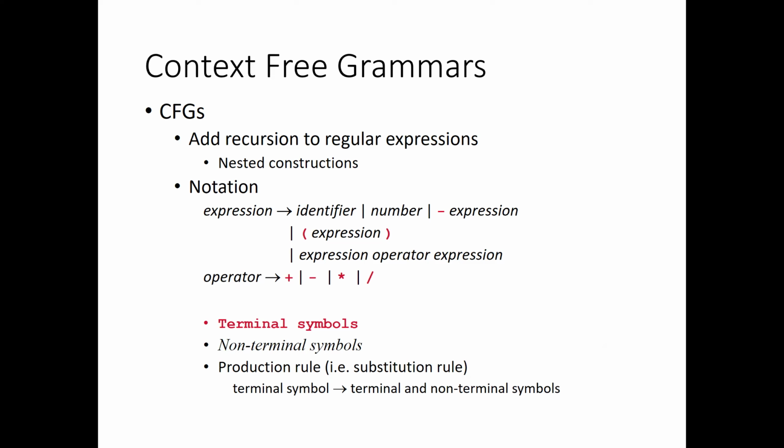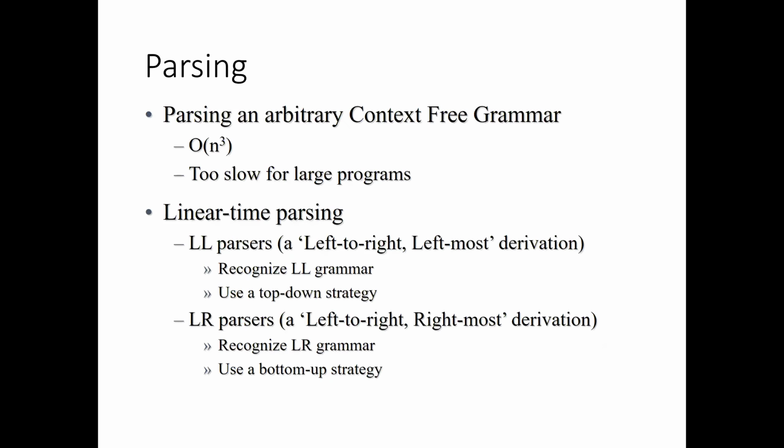We are going to discuss terminals, non-terminals, and production rules: what a terminal and a non-terminal symbol are, what a production rule is, and how it generates in the context-free grammar. We'll discuss this in the further coming videos, with problems on how to write the non-terminal, terminal, and production rule.